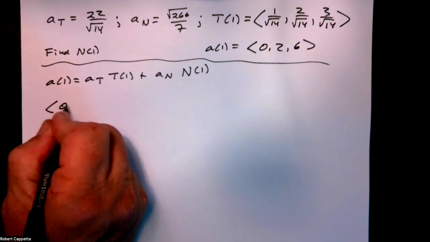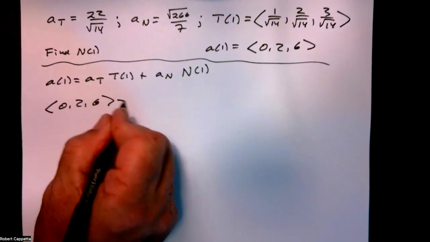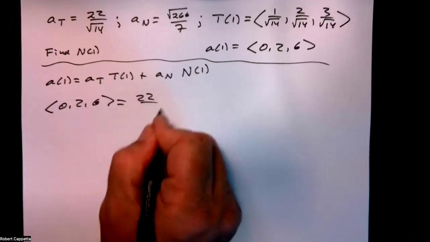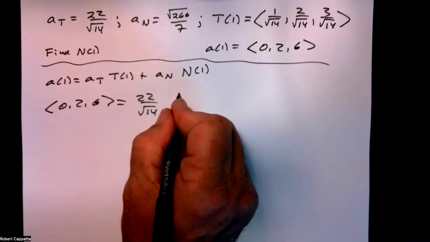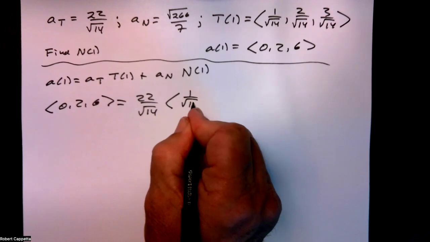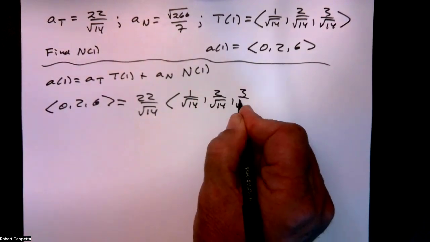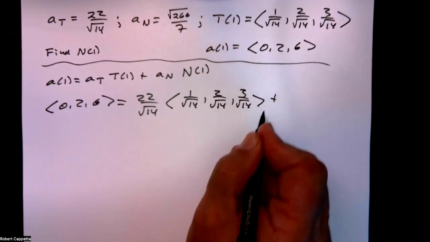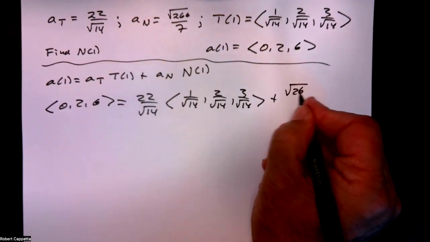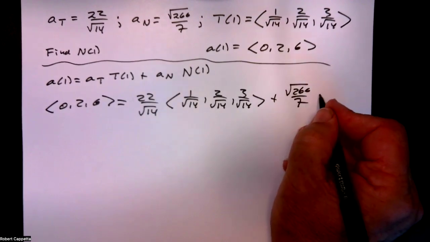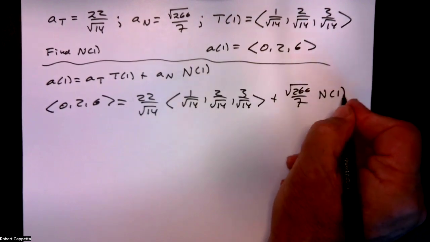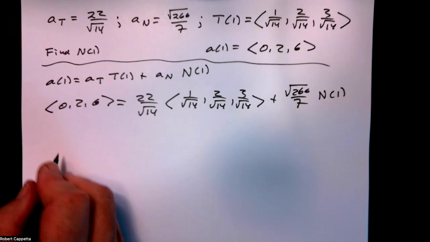A of 1 is 0, 2, 6. A sub t, 22 over root 14, times T of 1, 1 over root 14, 2 over root 14, 3 over root 14, plus a sub n, root 266 over 7 times N of 1. And our goal, again, is to find N of 1.